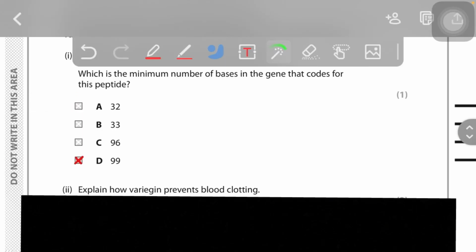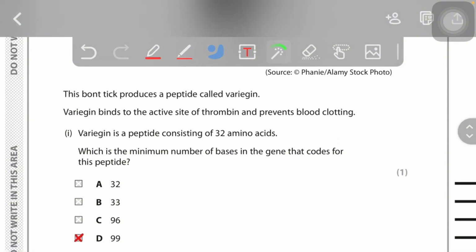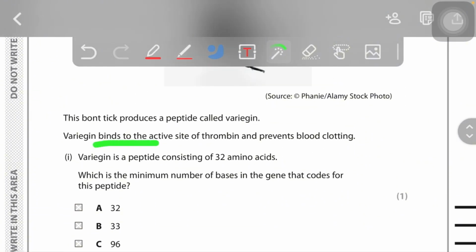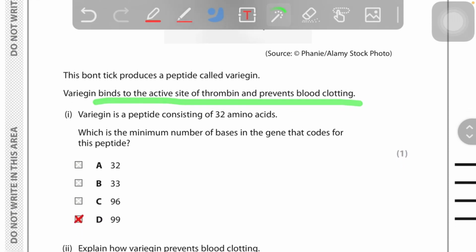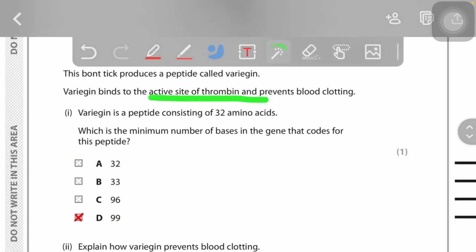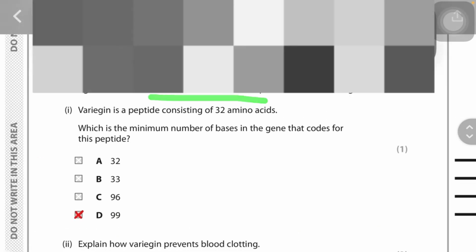So it says explain how variegin prevents blood clotting. Variegin binds to the active site of thrombin and prevents blood clotting. So if variegin binds to the active site of thrombin, it will not be able to convert fibrinogen into fibrin.